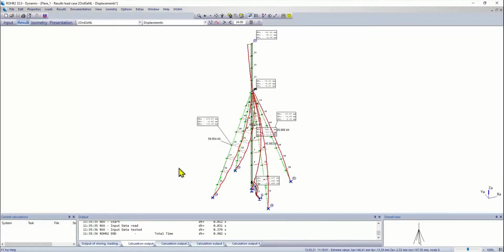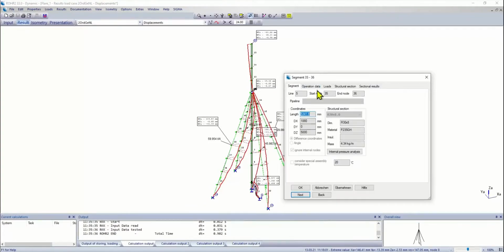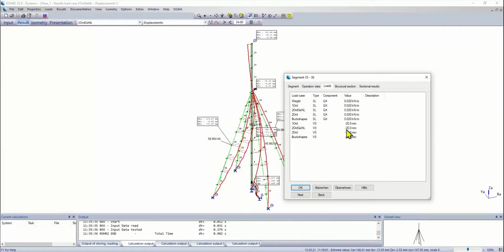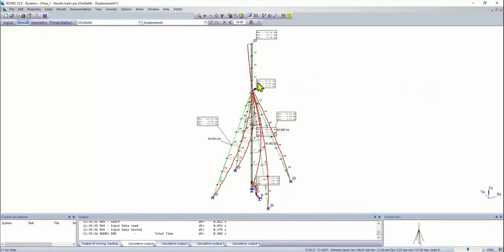How did the pretension loads end up? I actually added here some pretension as a load, and it's 20 millimeters of shortening to get the initial pre-stress in those ropes. Without those pre-stressing, the system would not be stable and I would not get a numerical result.